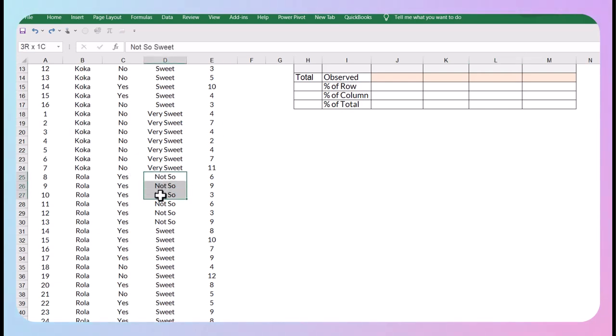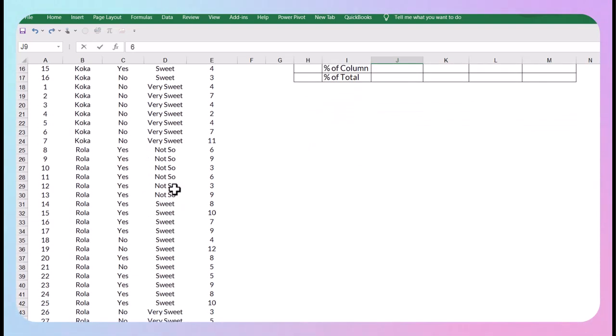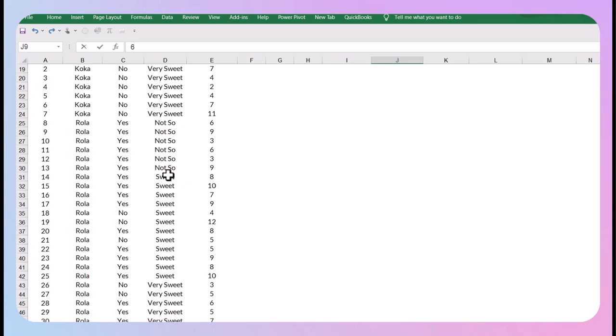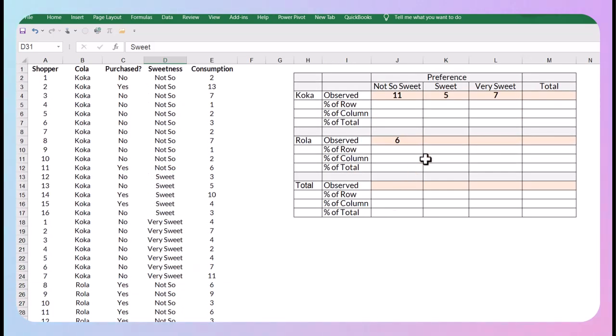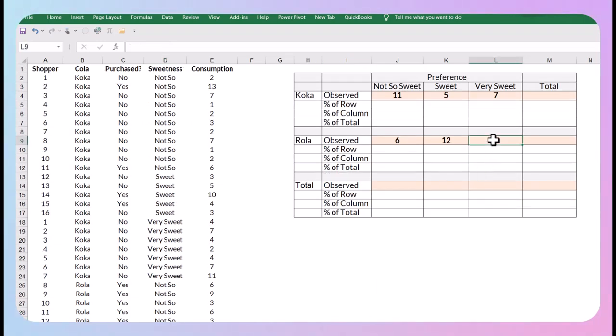Not so sweet is 6. Sweet, ooh, a lot of sweet people here: 12. And very sweet is 9. Okay, so those are my counts.